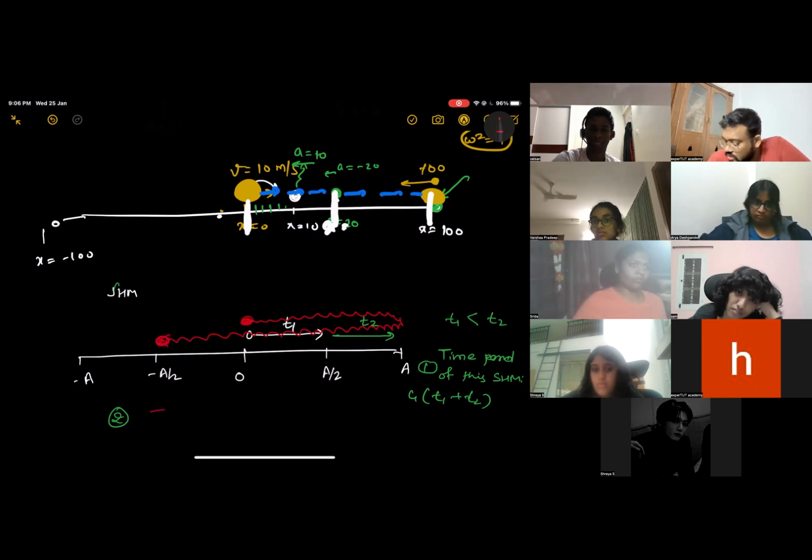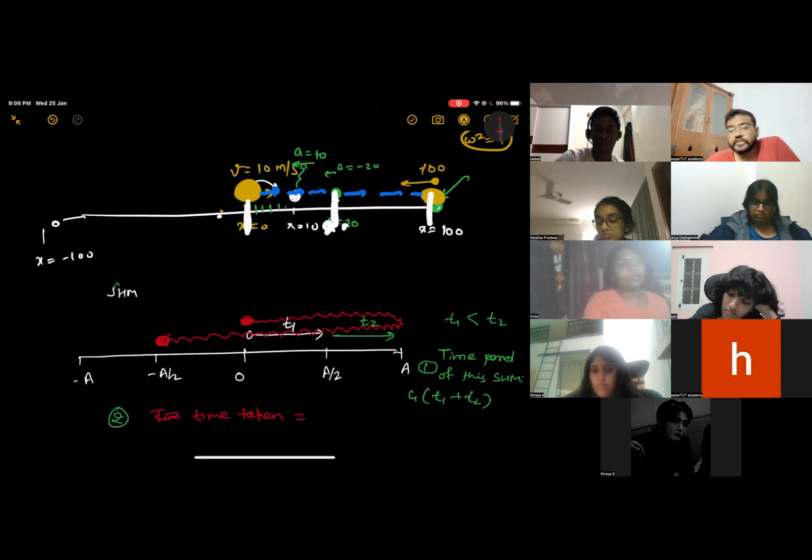Okay, what is the time taken in this red journey? Three t1 plus 2 t2. Yes, or you can better say 2 t1 plus t2 plus t1, which is same as 3 t1 plus 2 t2. Okay, सबको ये समझ में आ रहा है ना? हाँ ठीक है.